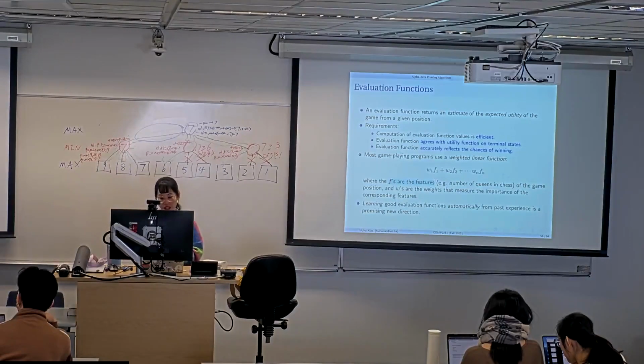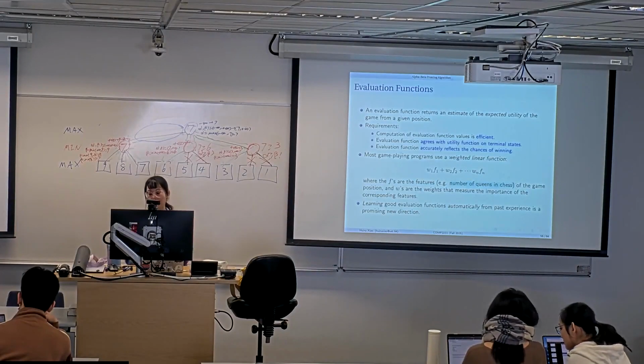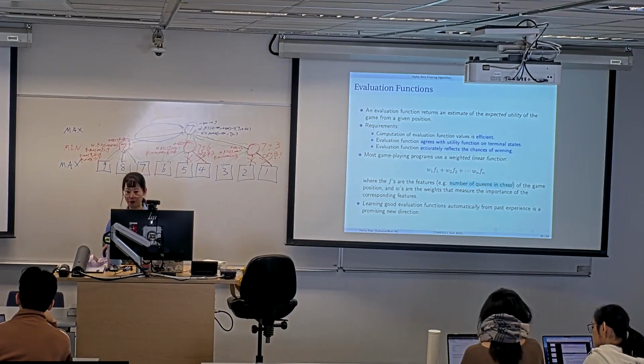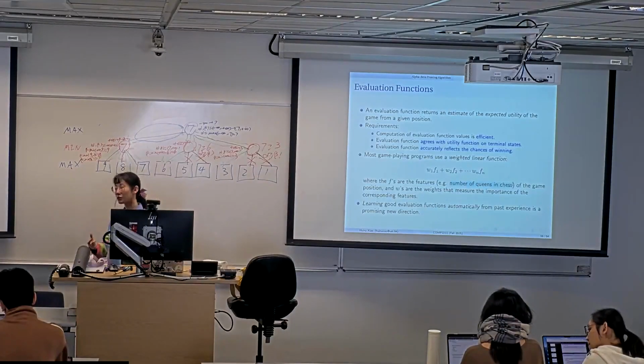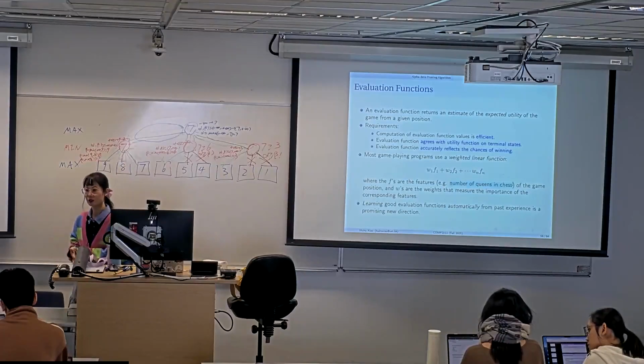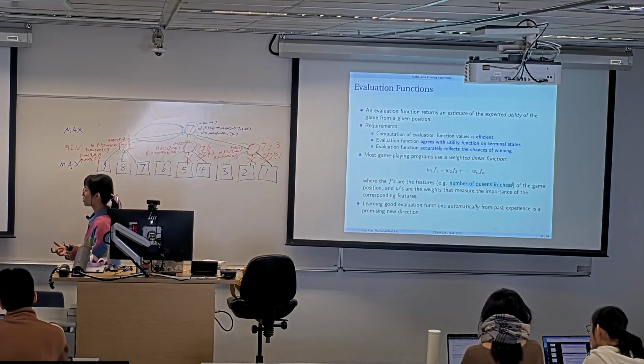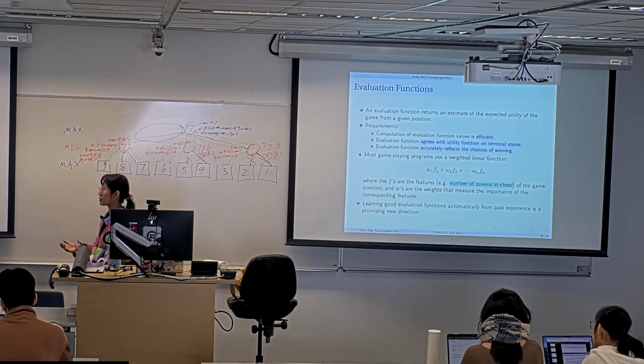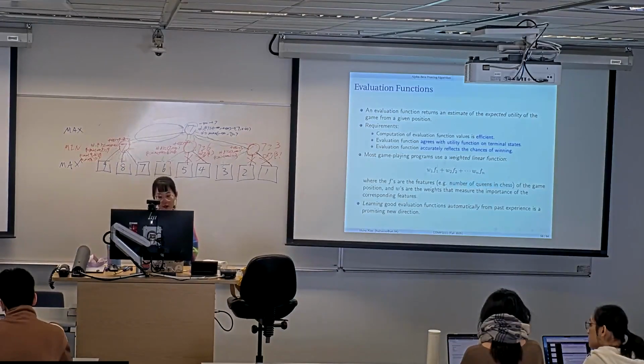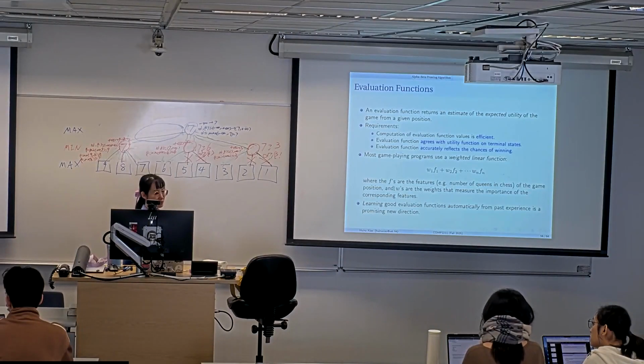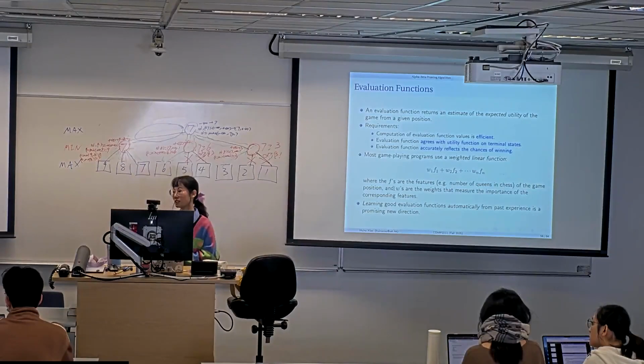For example, if you are playing chess, possibly a feature is the number of queens in the game. Of course it depends on the specific game. Different games will have different features. They need to extract the useful features from the game states. All these Fi, from F1 to Fn, are features of the game state, and the Wi are the weights that measure the importance of the corresponding features. If you believe some feature is very important, then you should assign a higher weight Wi to such feature Fi.